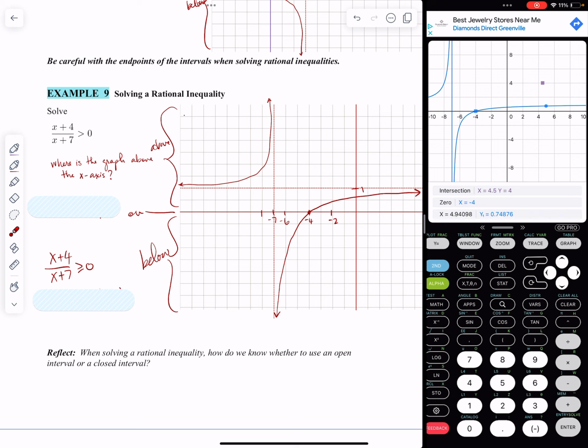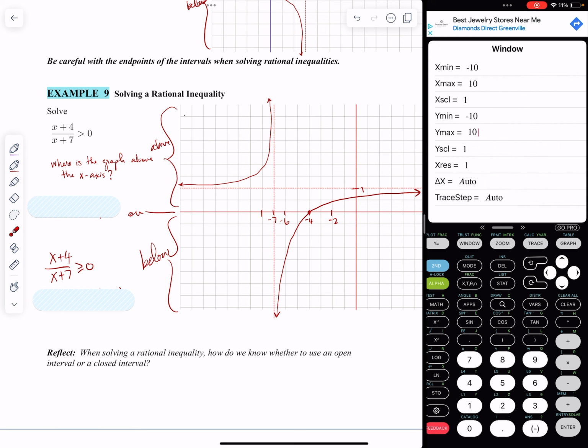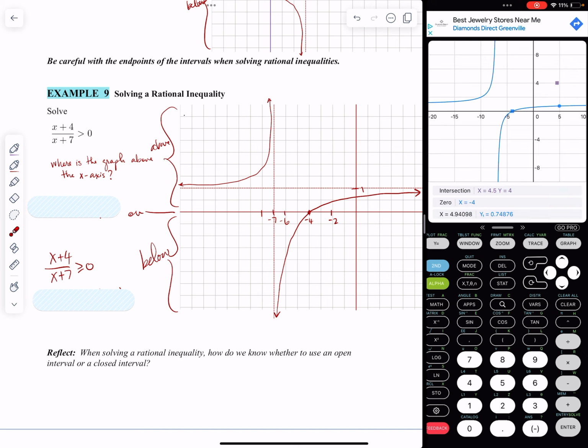And you can see here what we're looking at. Now, the window is not phenomenal. If you want to go back and change your x minimum to maybe something like -20, that will show you a little bit more of your graph. There's a couple things that we will learn later on, but we already know that x cannot equal -7 because that would make the bottom 0.